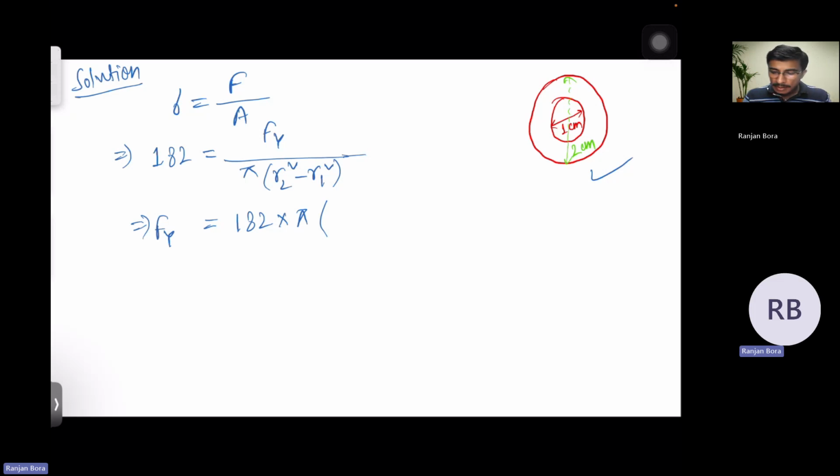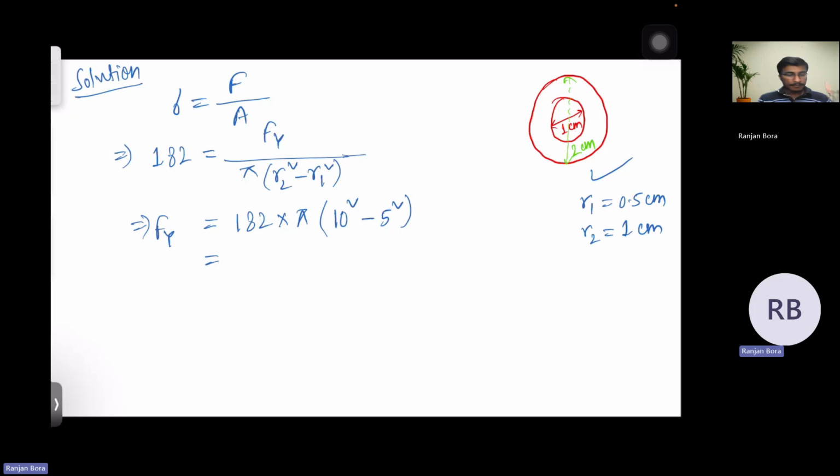So the outer radius is 1 centimeter, which is 10 millimeter, squared, minus the inner radius R1 equal to 0.5 centimeter, so 5 squared.